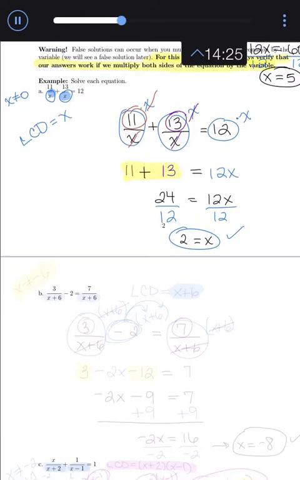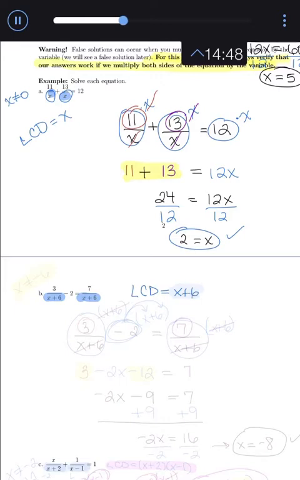Let's look at problem B. Now, if you look at problem B, again, we're going to try to find the common denominator first. Both denominators are x plus 6. So we're going to multiply by the common denominator, the LCD of x plus 6.